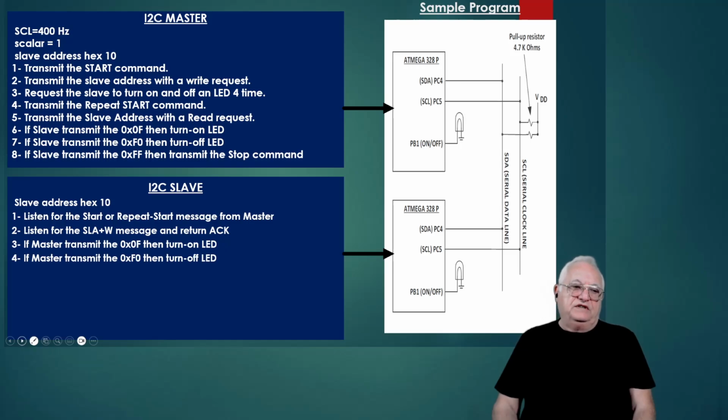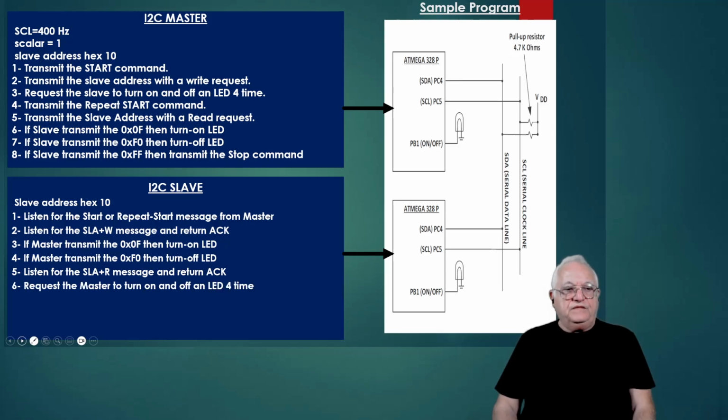If the master transmits the F0, then it's going to turn off the LED. Next it is going to listen for its own address plus write message and return acknowledgement. Request the master to turn on and off an LED 4 times.